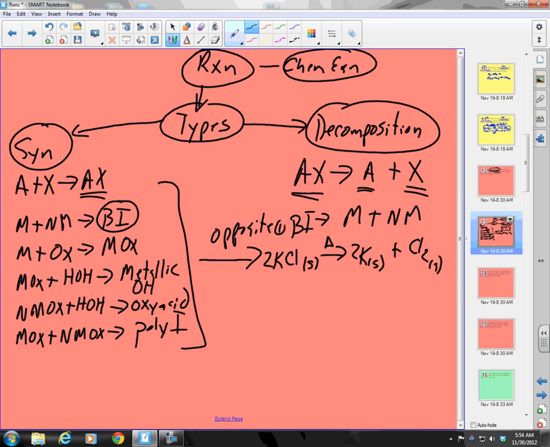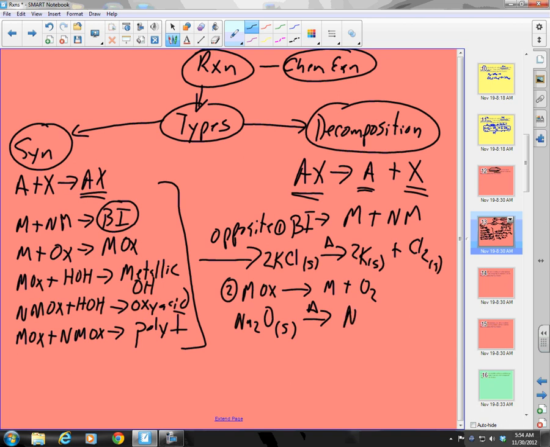Next, how about I have a metal oxide. So this is number 2. I have a metal oxide, and it is going to decompose into a metal and oxygen. Good. So let's take our sodium oxide, and let's heat it up. Hit it with heat. And what do I get?